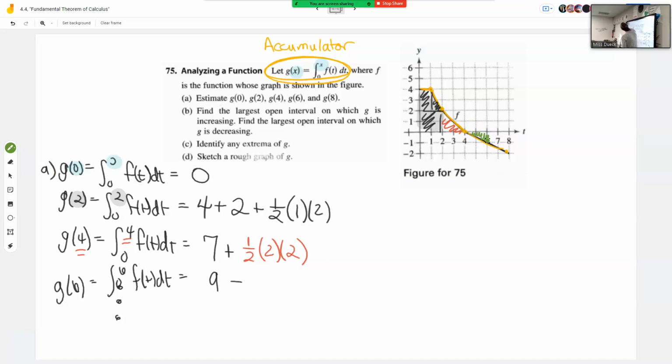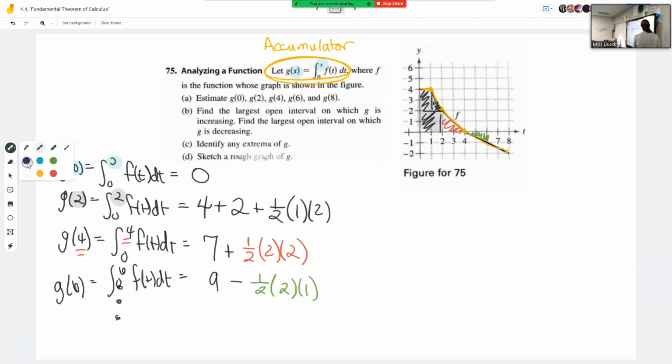Area above is indicative of positive change. Area below is indicative of negative change. So therefore, my little 1/2 base times height thing would need to be after a subtraction sign. So I take the 0 and the 0 plus, well, 0 is boring, but I do all of that. Then I take the 7 and I do 7 plus, whatever's new. Then I take all of that, which is 9, and 9 minus, because now I'm below. And I keep on going from there.